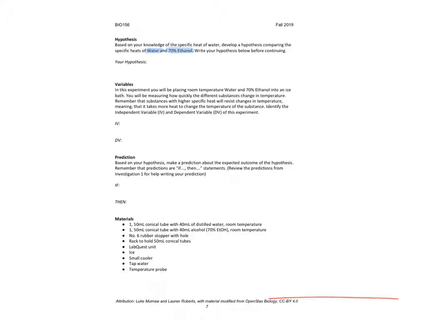Now, as part of this process, you need to develop a hypothesis and a prediction, but sometimes it's easier to start by identifying the independent and dependent variables down here, and then working backwards to come up with the hypothesis and prediction. So we already identified the independent variables. So we're basically testing water versus ethanol.